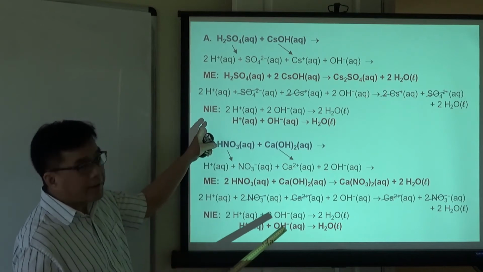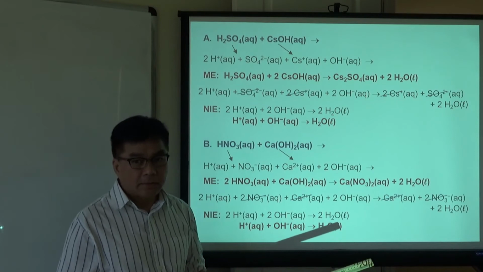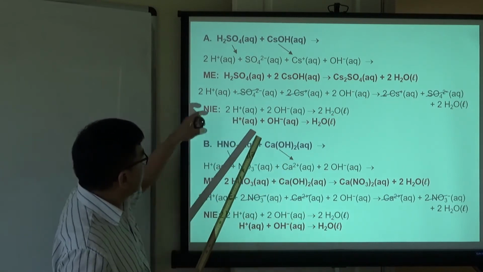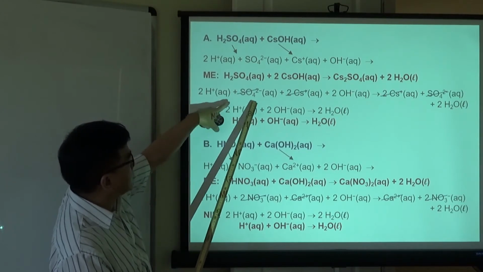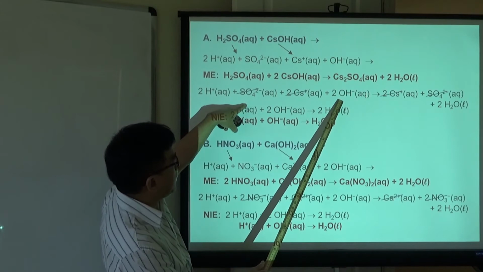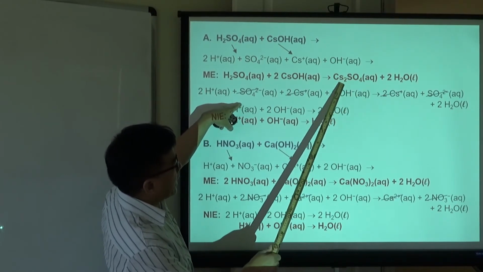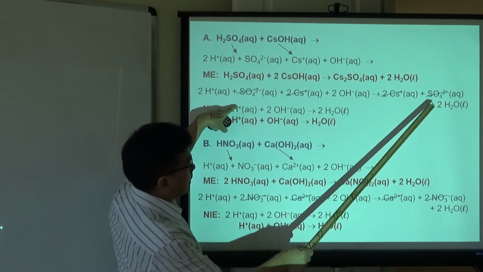For the net ionic equation, you need to cancel out all the spectator ions, right? From this, you break down the strong acid into 2 hydrogen and sulfate, and this produces 2 cesium and 2 hydroxide here because it's aqueous, so you got 2 cesium here, and the sulfate right here. And then 2 water.